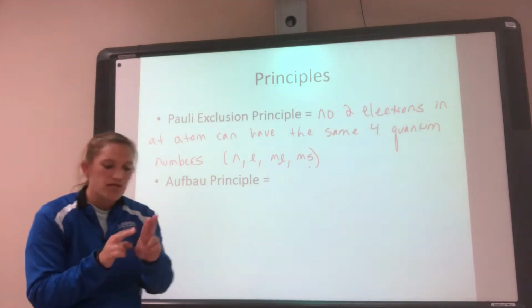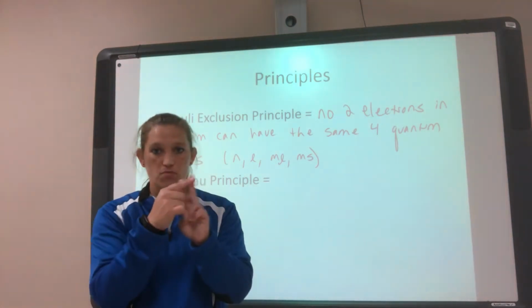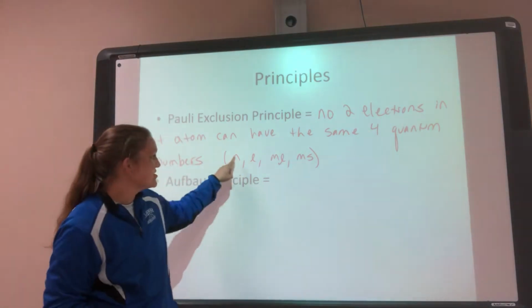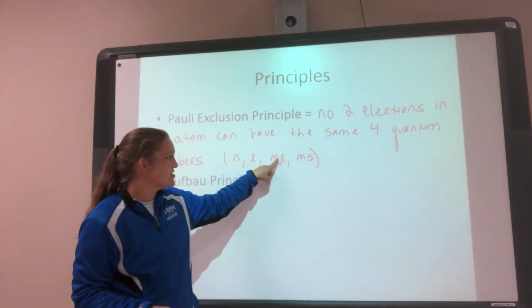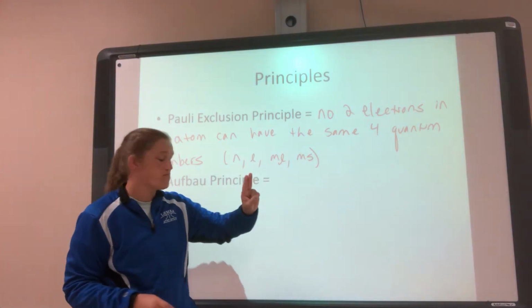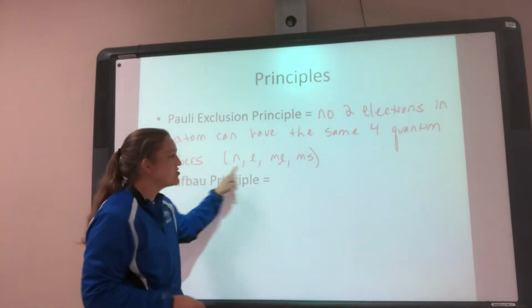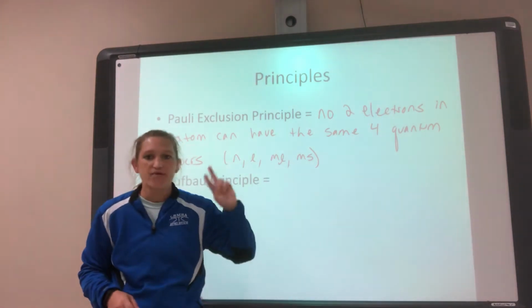Now, if I have 2 electrons in an orbital, then they're going to end up having the same n, the same l, and the same ml because they're in the same orbital. But we can't have all 4 the same. So that's why the ms is plus a half and minus a half.